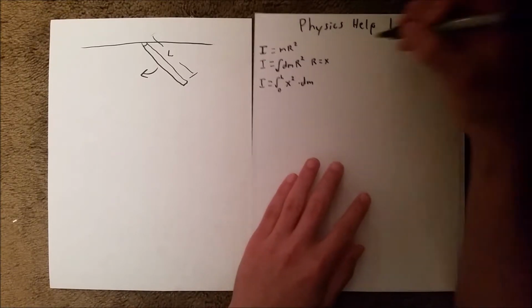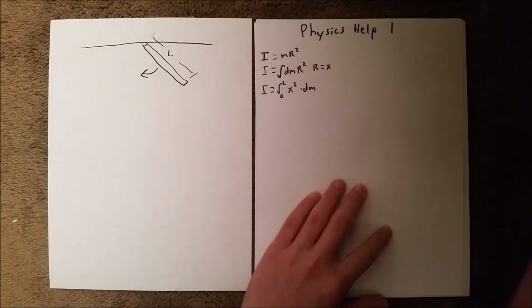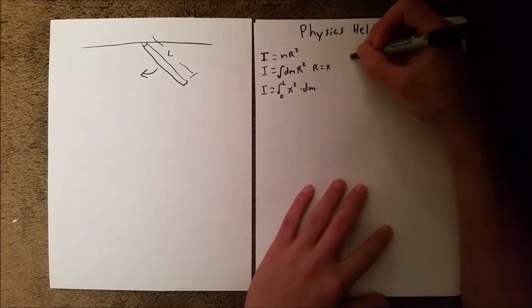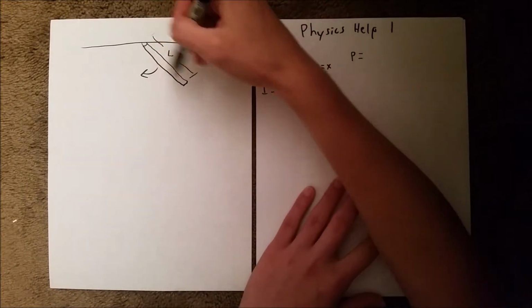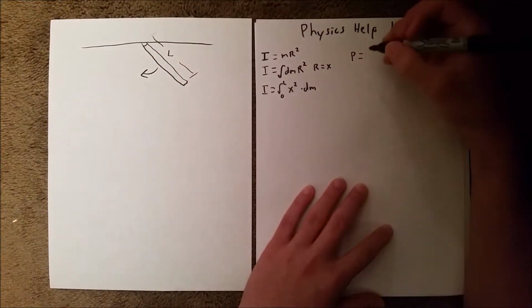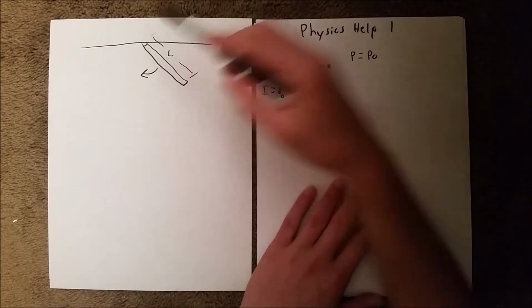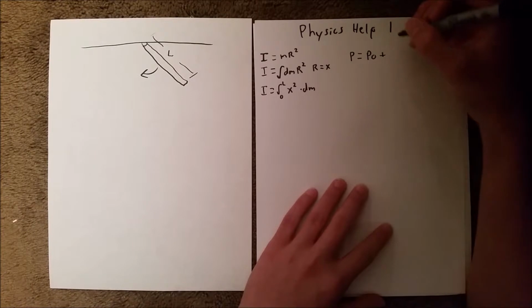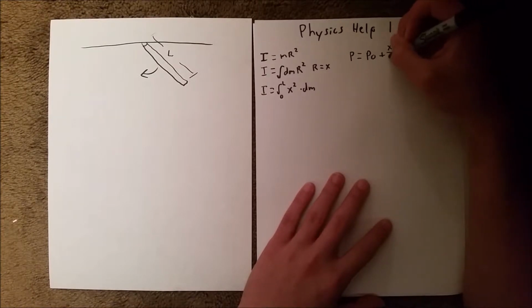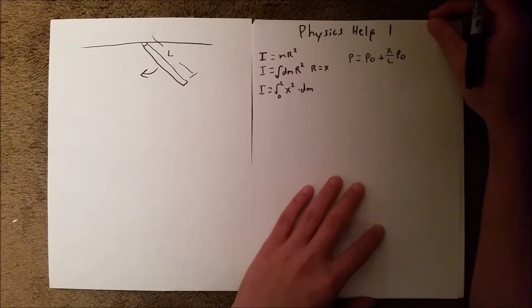Since the density changes, we're going to say rho, the Greek letter rho, which is the density, is equal to rho initial, which is the rho up top here, our density at the hinge, plus x over L times rho initial again.